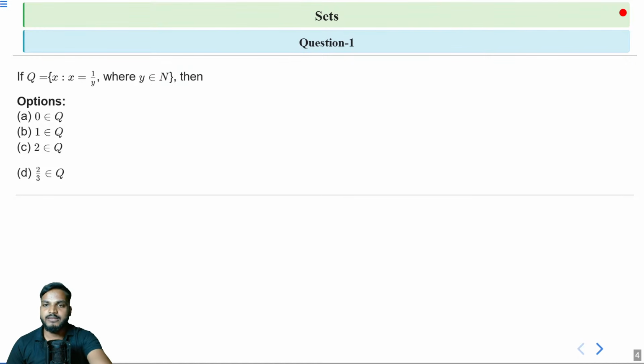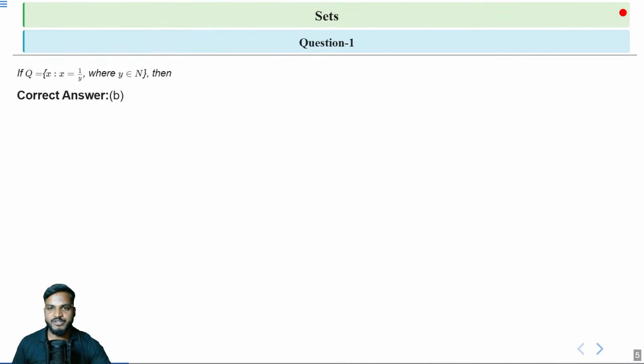We are given the elements 0, 1, 2 and 2 by 3, and we are asked which of these are members of set Q. So x belongs to Q if x equals 1 by y, where y is a natural number, and we have to check which element belongs to Q: 0, 1, 2 or 2 by 3. Okay, let's solve.